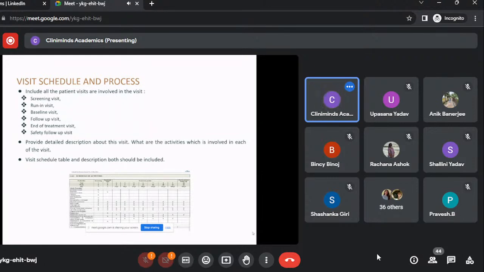Visit schedule. So what is contained in the visit schedule? What is present in the visit schedule? Timings: when the patients have to visit the site.